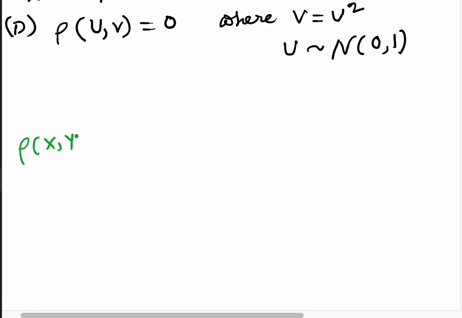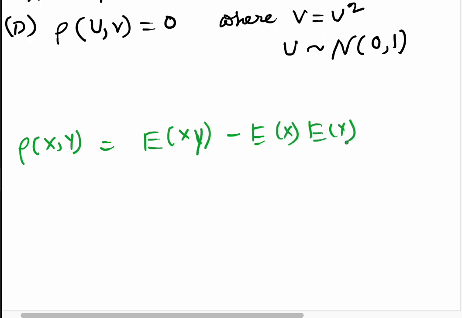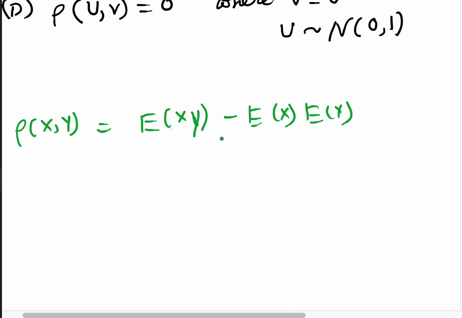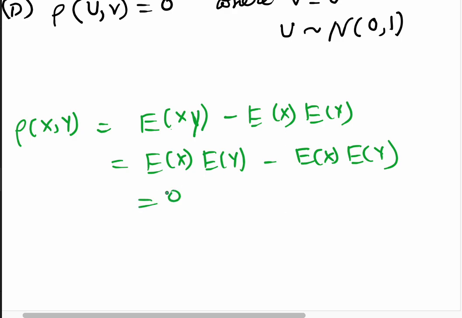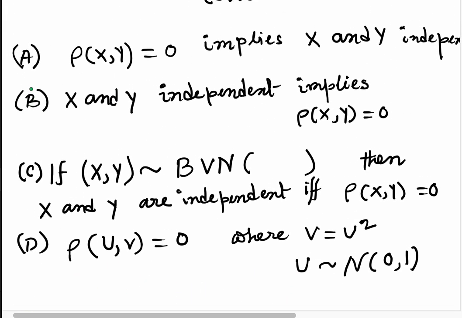Rho(X, Y) involves the expectation of XY minus the expectation of X into the expectation of Y. If X and Y are independent, then the expectation of XY can be written as the expectation of X into the expectation of Y, so the difference is 0. So this is a true statement, and A is false.